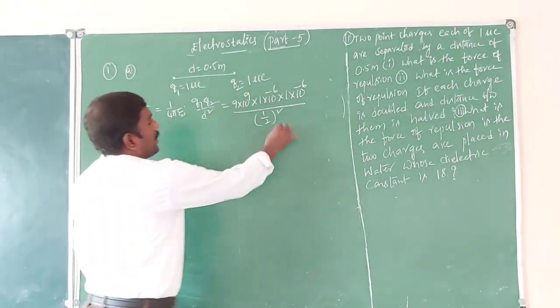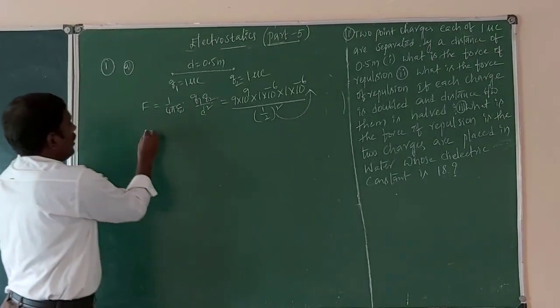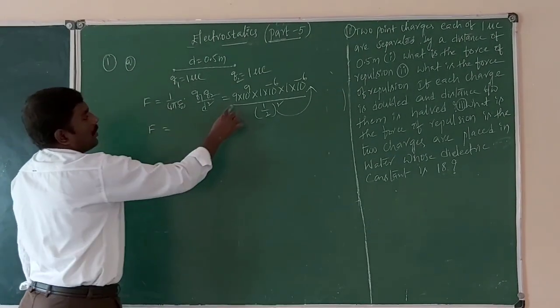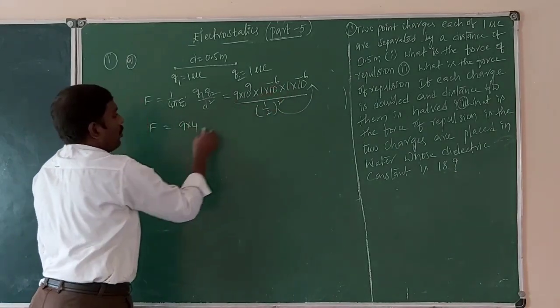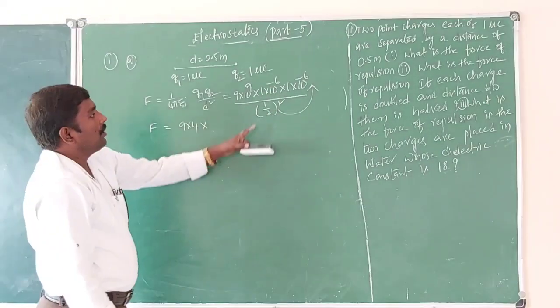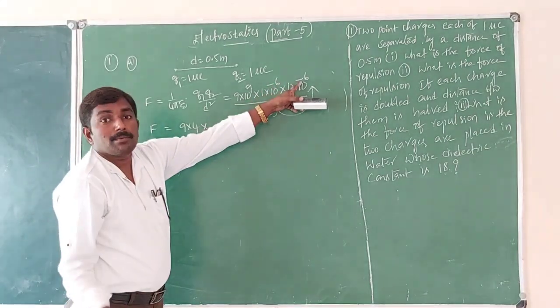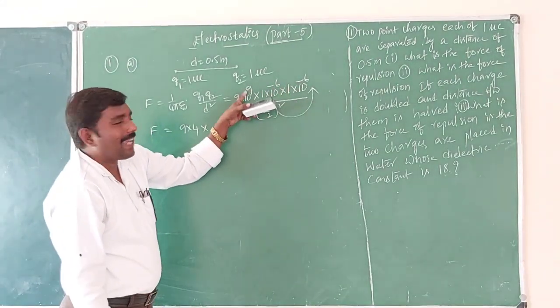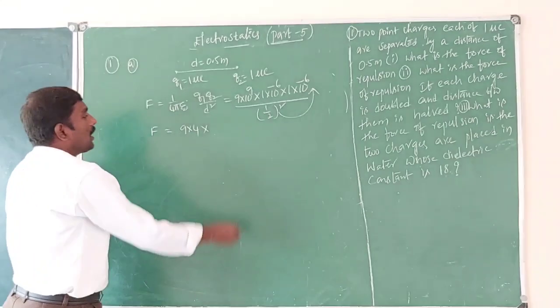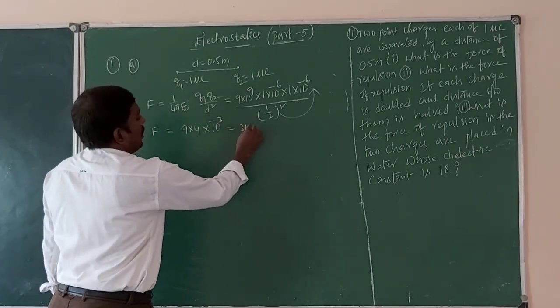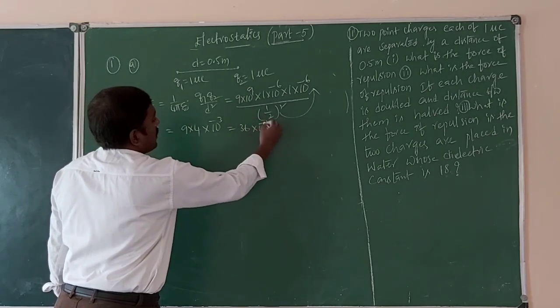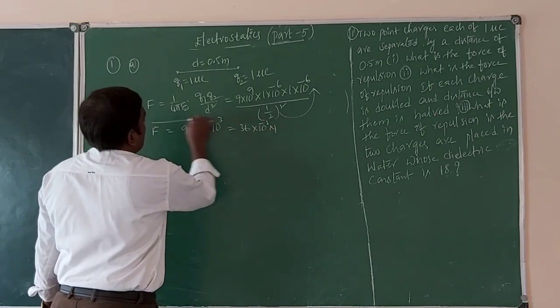Denominator to numerator. See, F is equal to 9 into 4 into minus 6 minus 6 minus 12 minus 12 plus 9 minus 3 minus 3, that is equal to 36 into 10 power minus 3 Newton.